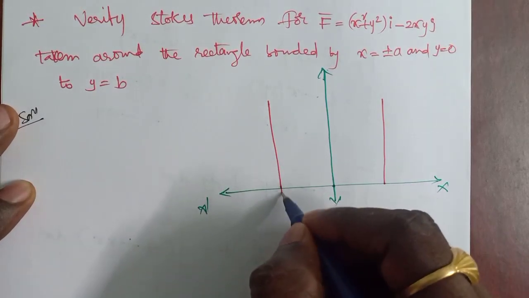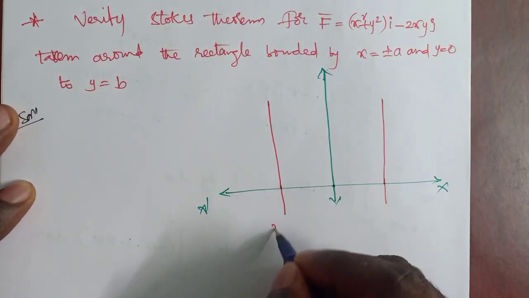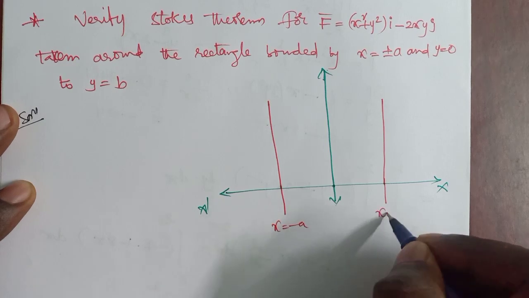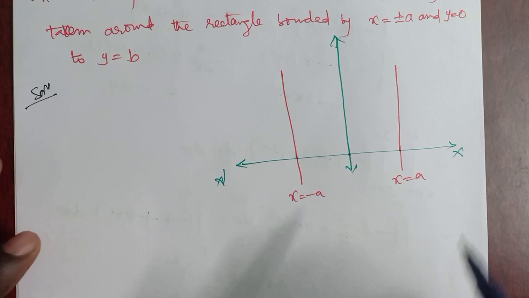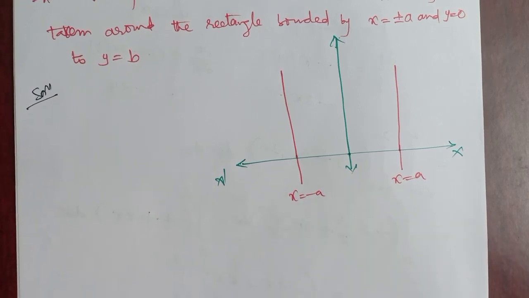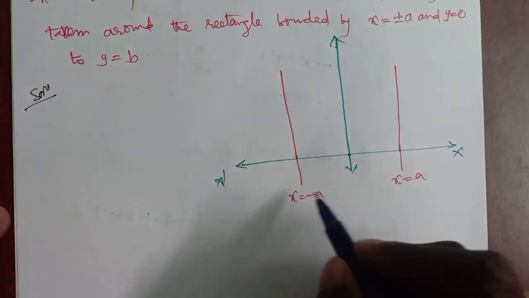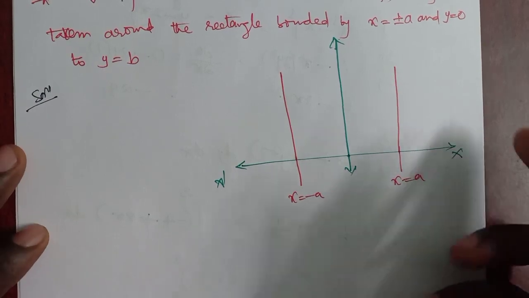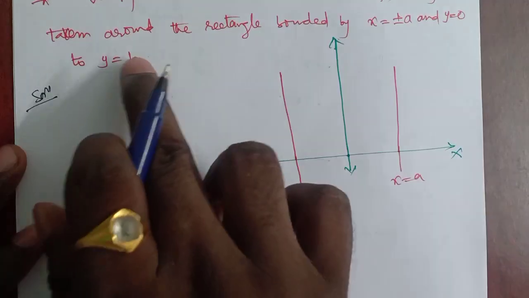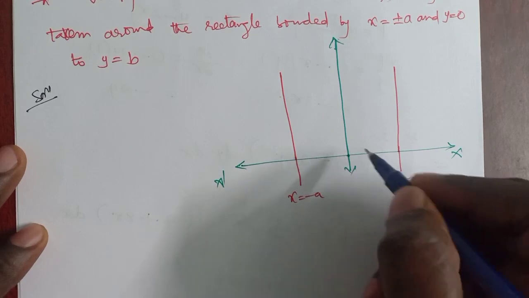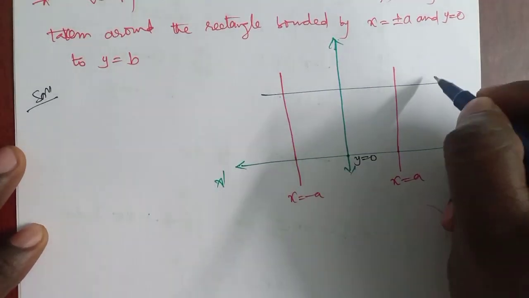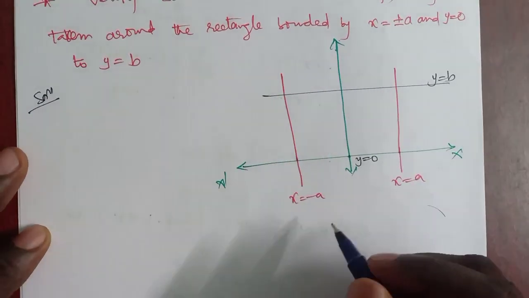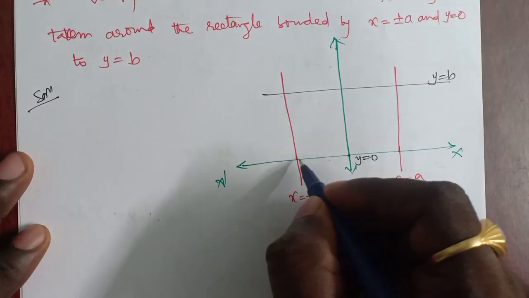So clearly x is minus a here and x equal to plus a here. Then y equal to 0 to y equal to b, so clearly the x axis represents y equal to 0, and the top is y equal to b, so we have 4 points.